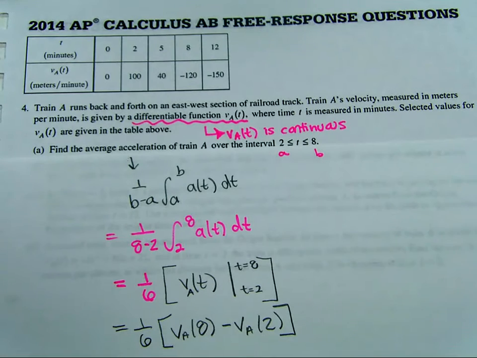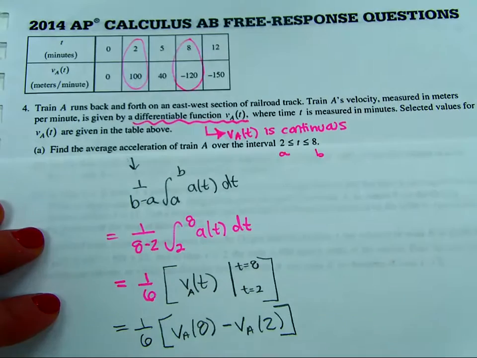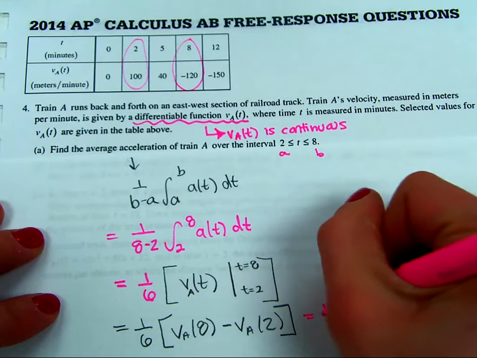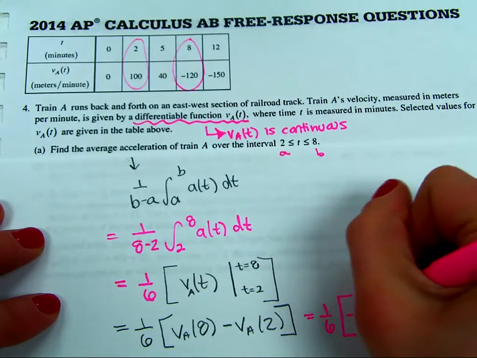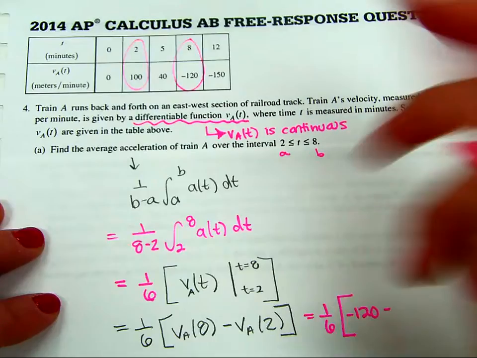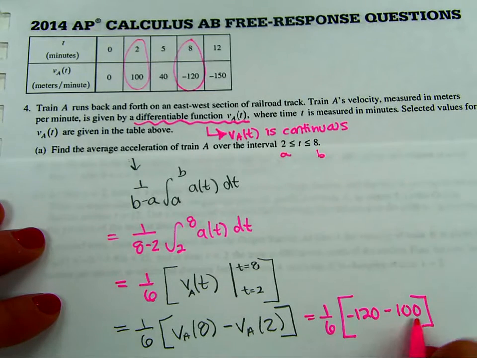And I think those are actually values in our table. We got 2, we got 8, we can plug those in. If we do, we get 1/6. V of 8 is negative 120. V of 2 is 100. And you have to do this without a calculator, so that's negative 220.